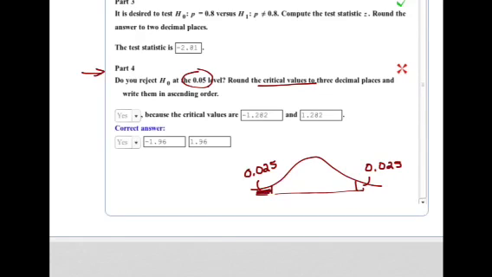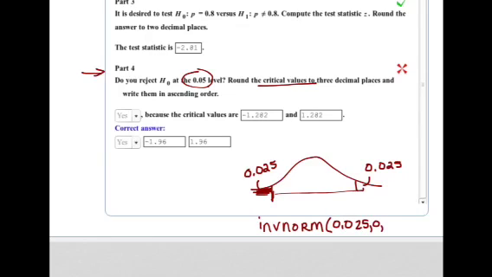And I can find my first critical value by using the inverse norm function. So the question is, what value cuts off the bottom 0.025 in the left-hand tail? So to find this, we're going to do inverse norm. This gives us a boundary value given an area of 0.025.